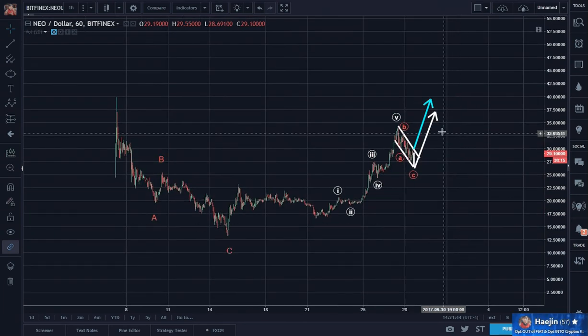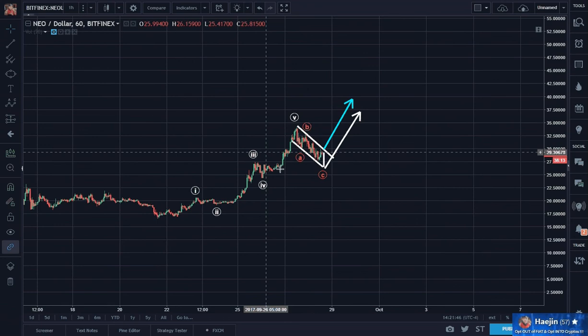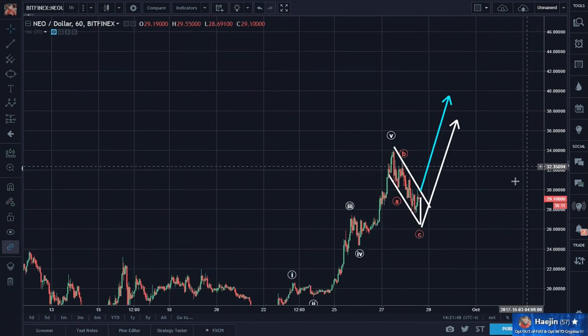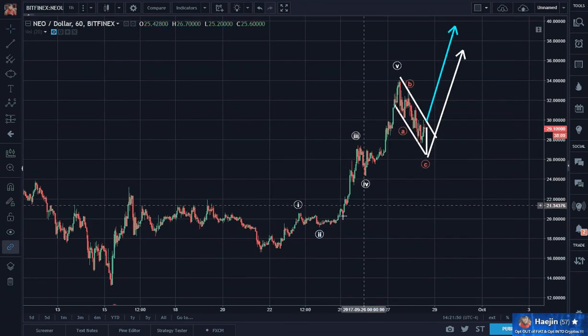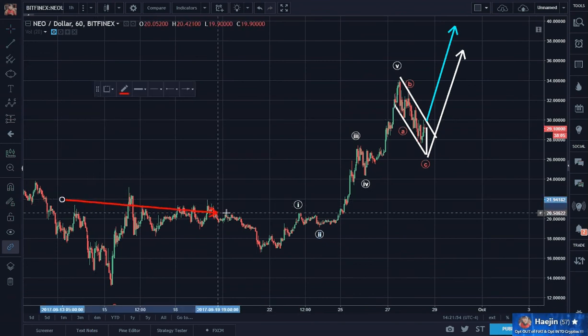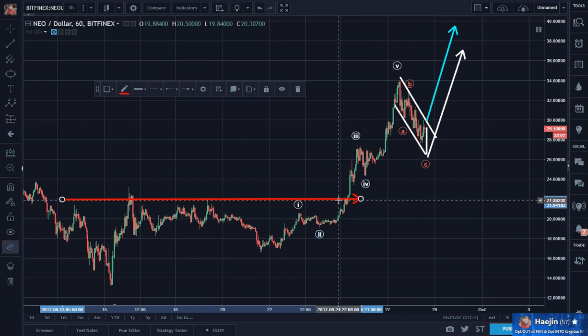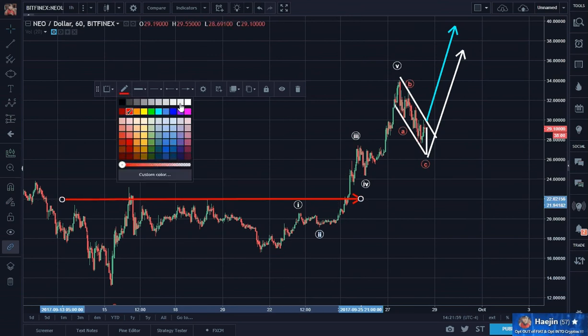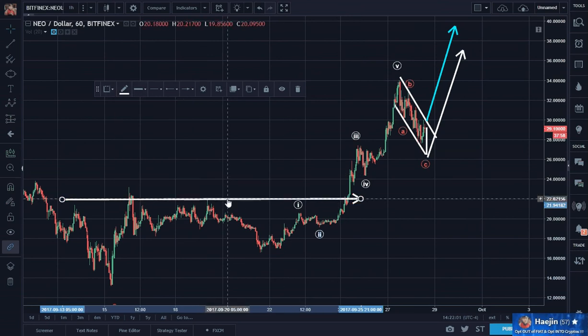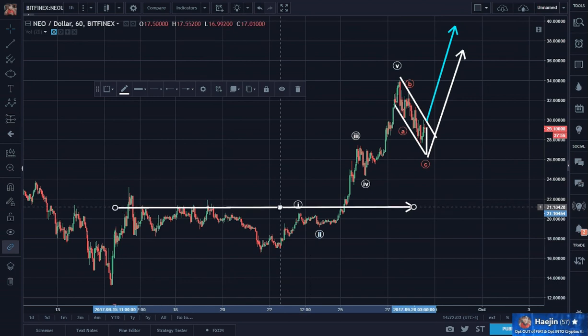And I think that might be NEO. NEO had broken out of its ascending right triangle ahead of Bitcoin.